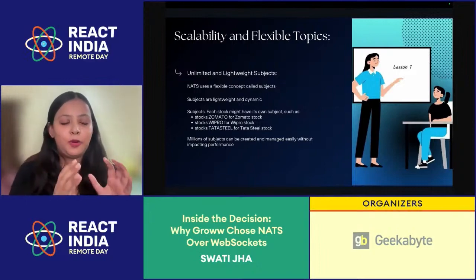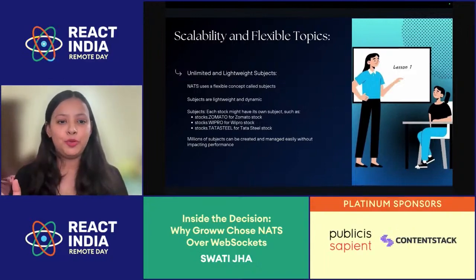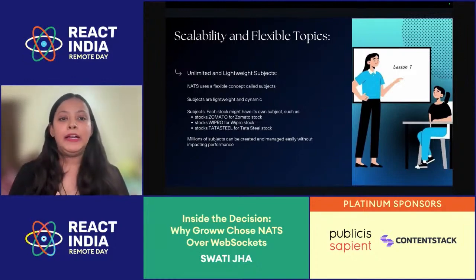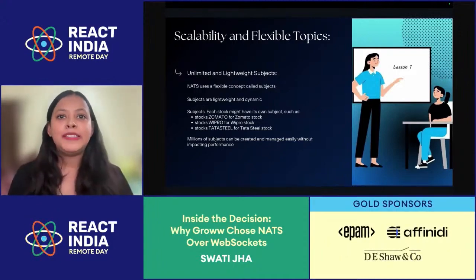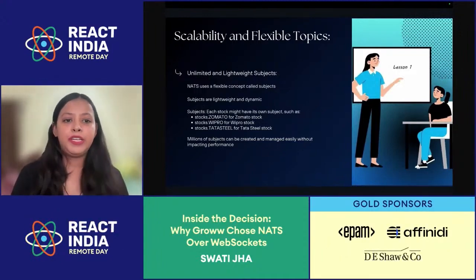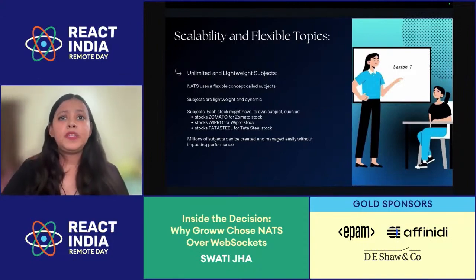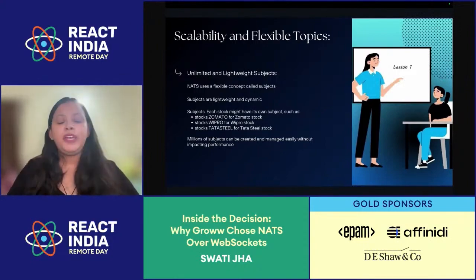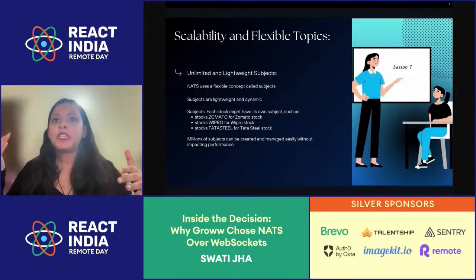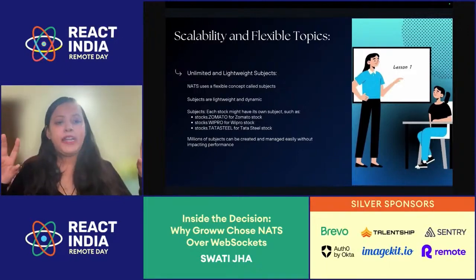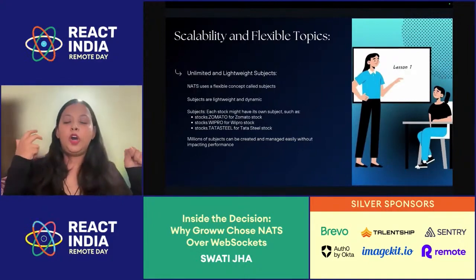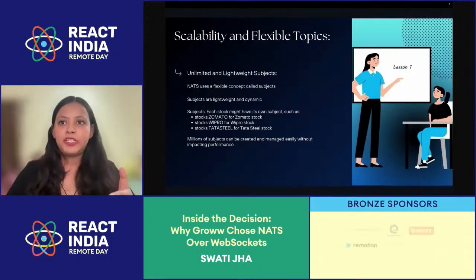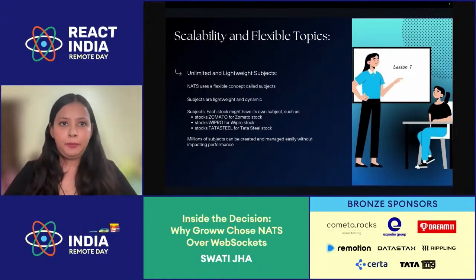So this scalability issue, which was the major concern of Groww, was solved by NATS because NATS introduced subjects. Subjects are lightweight and dynamic in nature. So now, unlike Kafka, where we had a limited number of topics, NATS can create millions of subjects and can manage them easily without impacting performance.